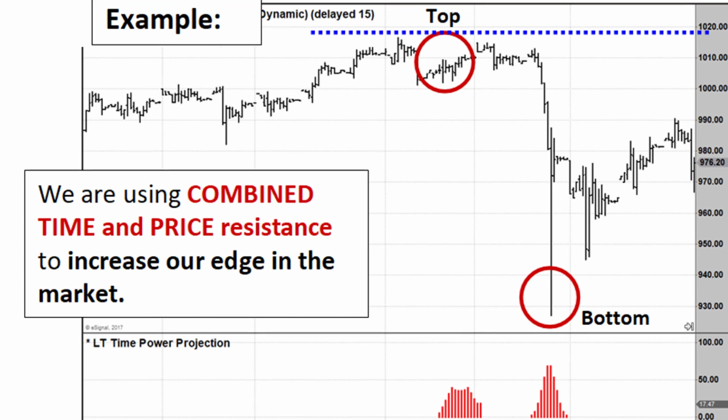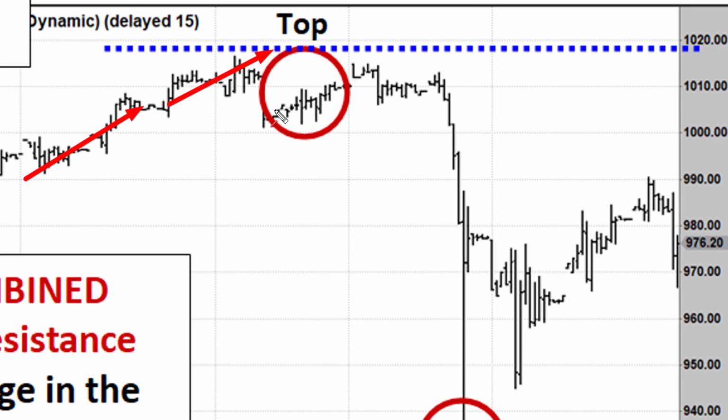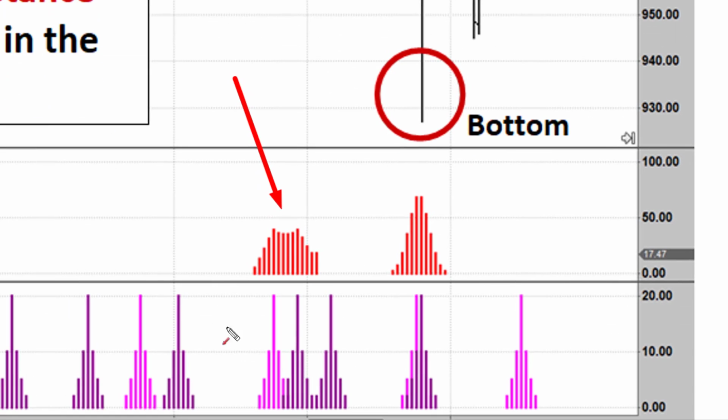On this chart, notice the price here is rallying and hits price resistance. In fact, here's the bit you want to pay attention to. It moves into price resistance, but in combination with time resistance. So we have a cluster of timing cycles coming together.